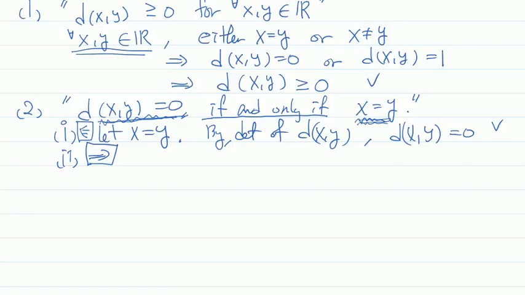But to prove it, because the nature of the given d always starts from whether x equals y or x is not equal to y, do you remember this one in logic?